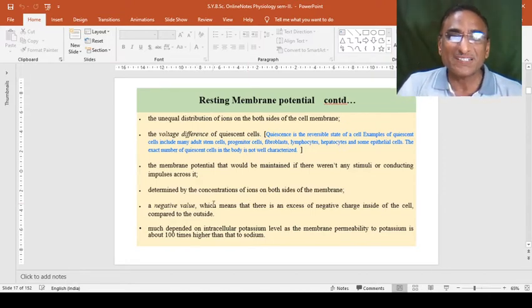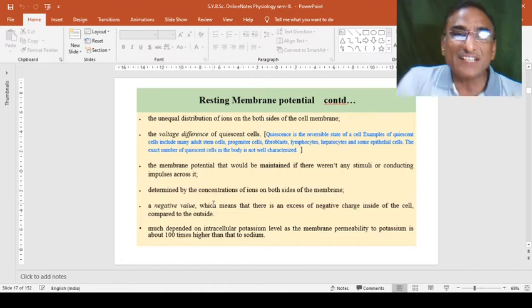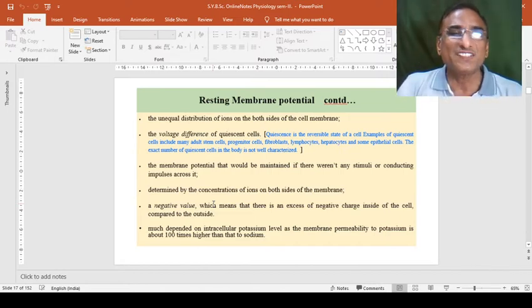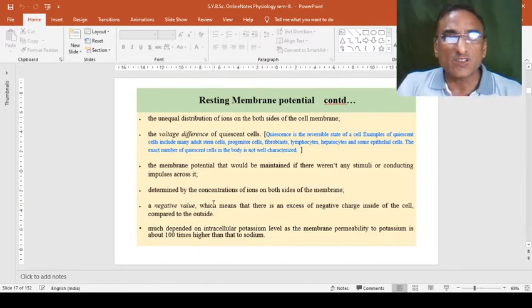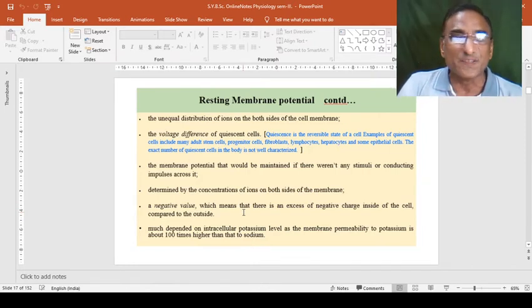The membrane potential that would be maintained if there weren't any stimuli or conducting impulses across it, means the membrane potential results unless and until there is a stimulus. Then the resting membrane potential is determined by the concentrations of ions on both sides of the membrane. A negative value means that there is an excess of negative charges inside the cell compared to the outside.